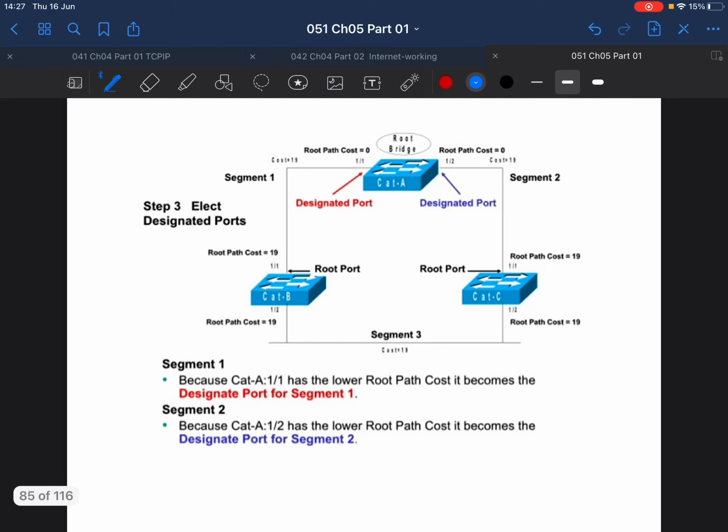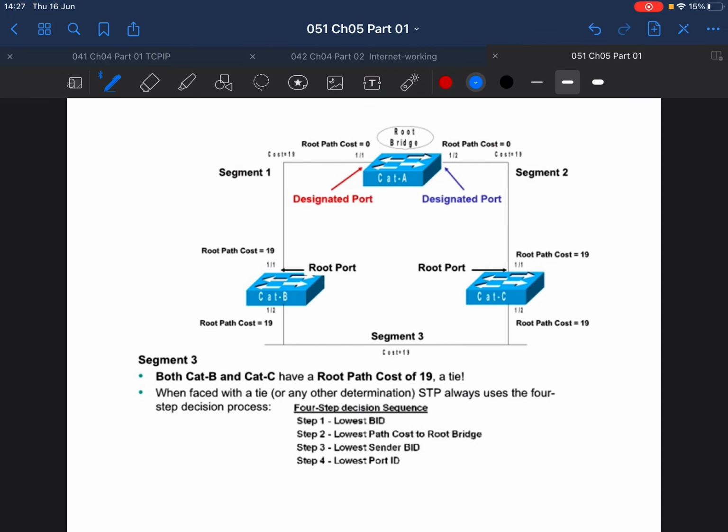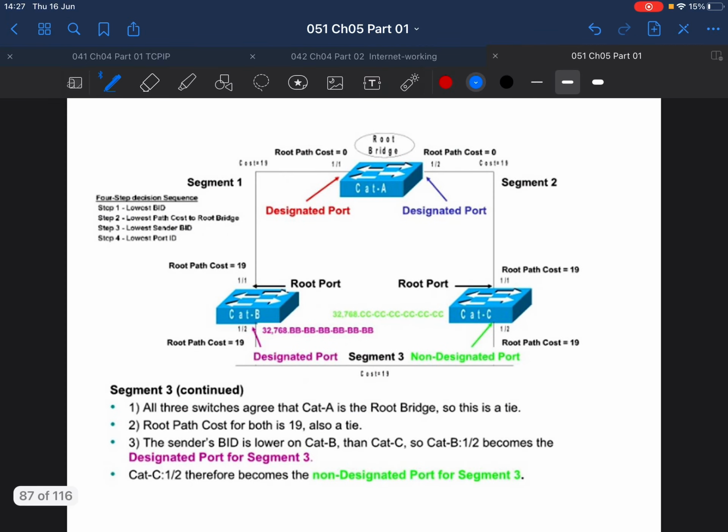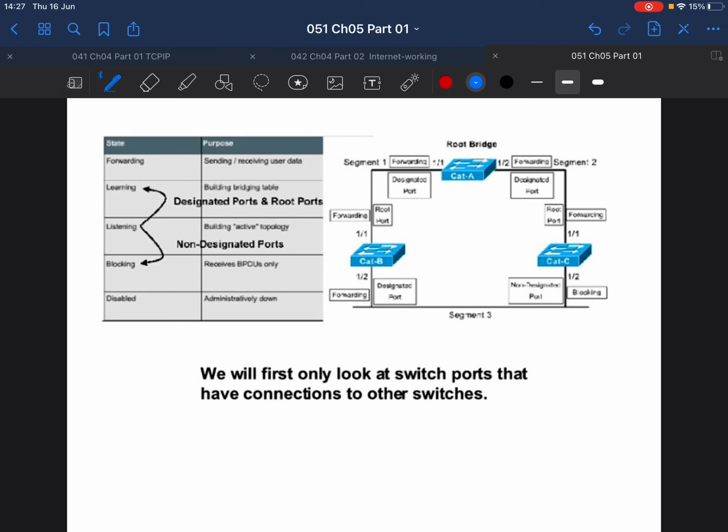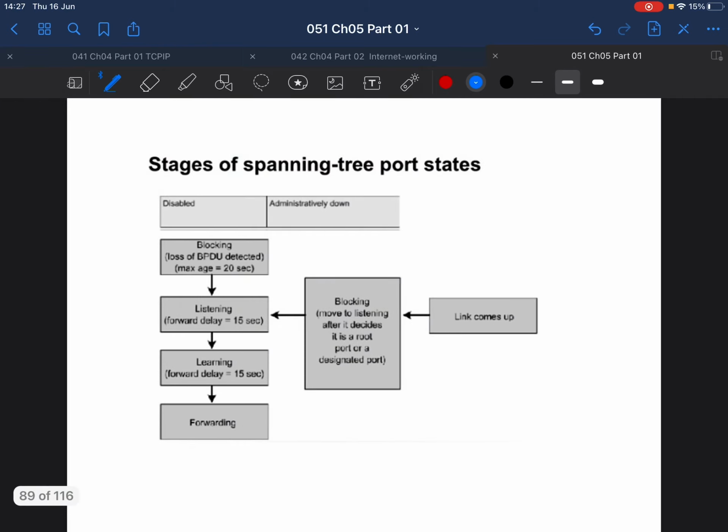You can read this. We will first only look at switch ports that have connections to other switches.